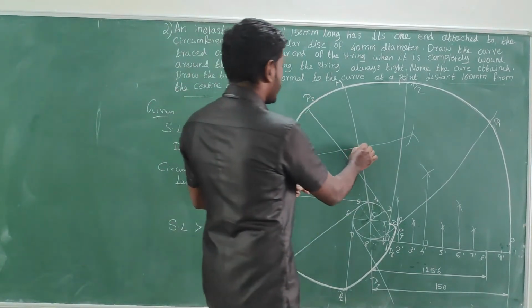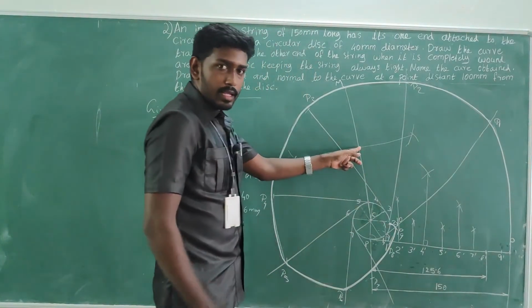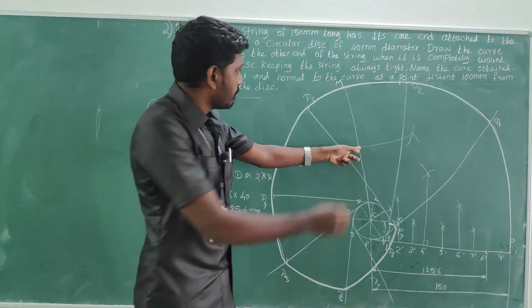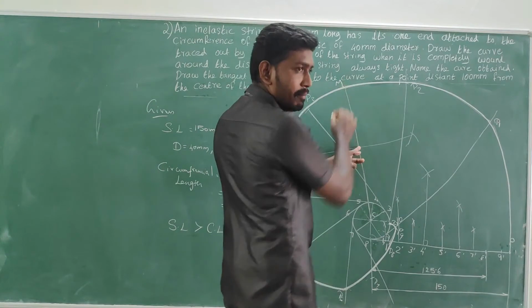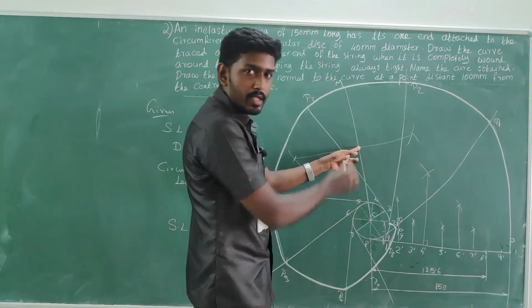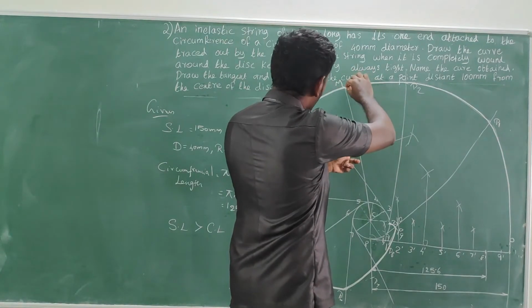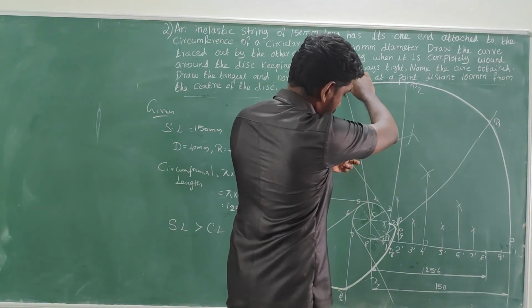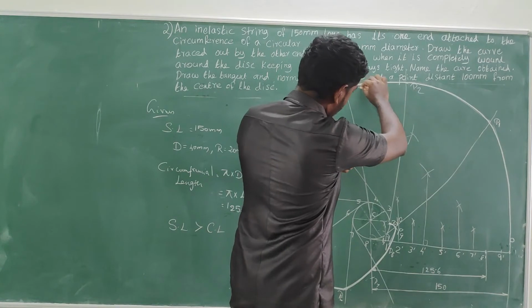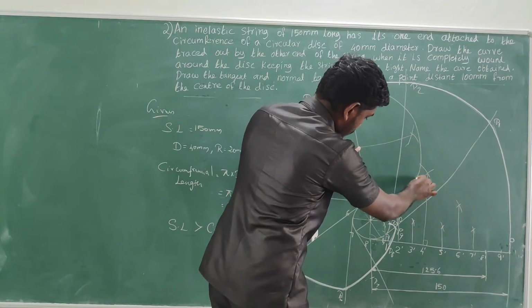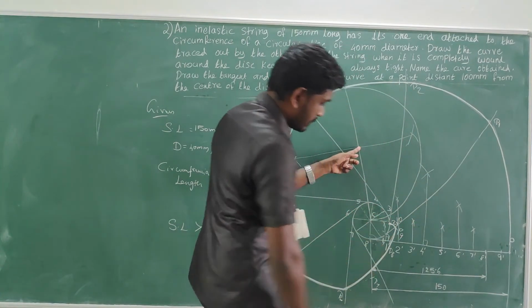So from that, keeping the midpoint as center, by measuring from that point to M or that point to C, just go for a semicircle. If you do, this goes like this, right?